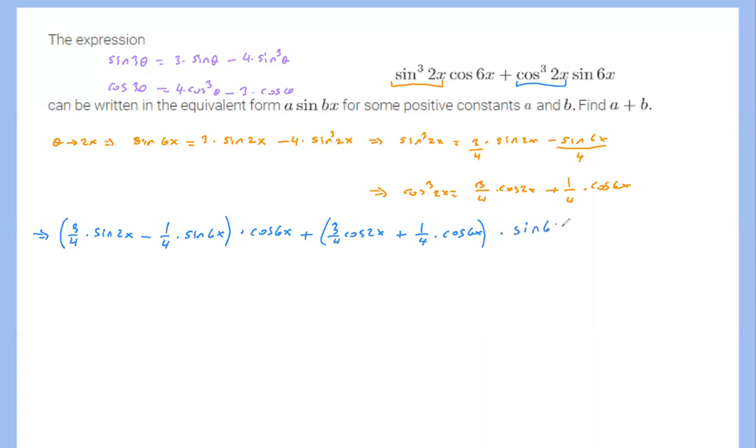Okay, so it looks too complicated, but the goal was writing this expression in terms of a times sine of something, which is why we have to get rid of all the cosines if possible. So we first try getting rid of those cubes, which is what we did. If you expand this without writing a lot, if you multiply cosine 6x by this part, you will get -1/4 times sine 6x times cosine.